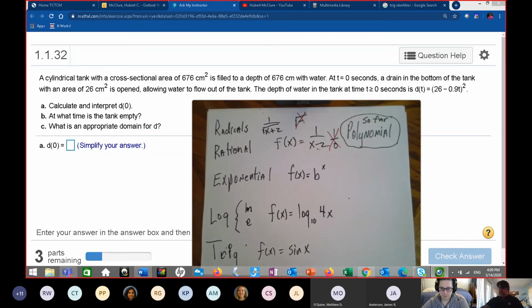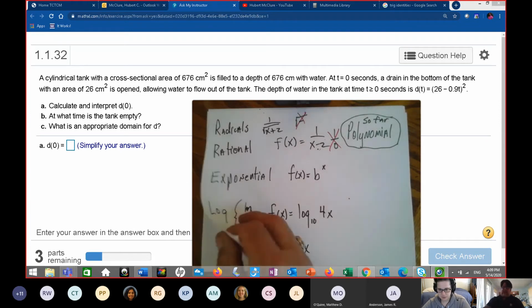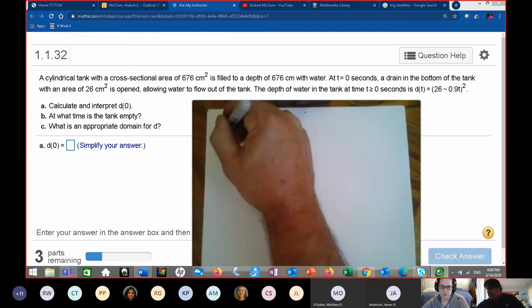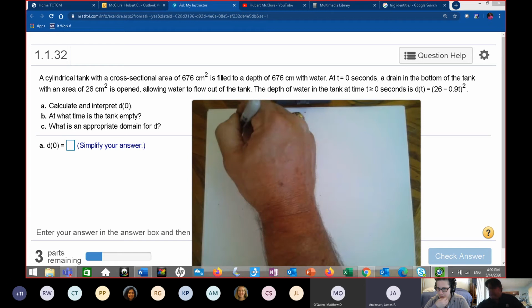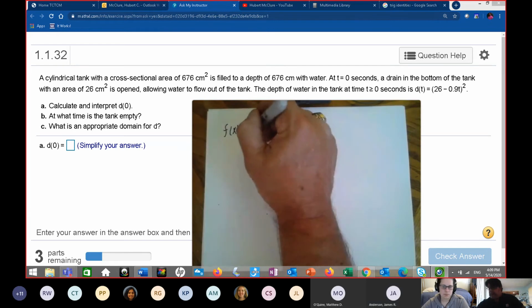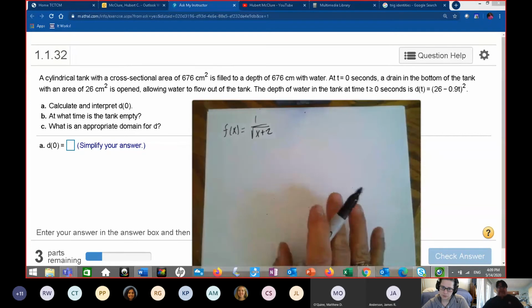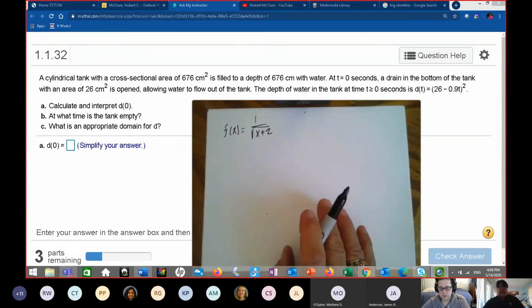So let's take the first one, because I think somebody sent a question about domain. It might have been in this class, or I can't remember. f of x is equal to 1 over the square root of x plus 2. Now remember, I said you can't take the square root of a negative, but you can take the square root of 0.